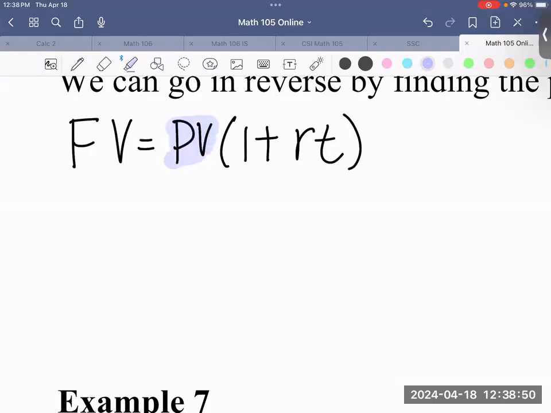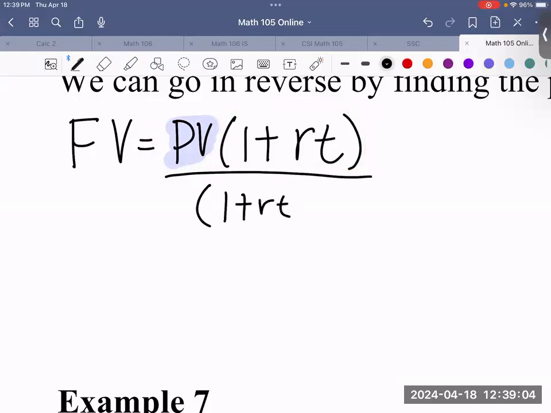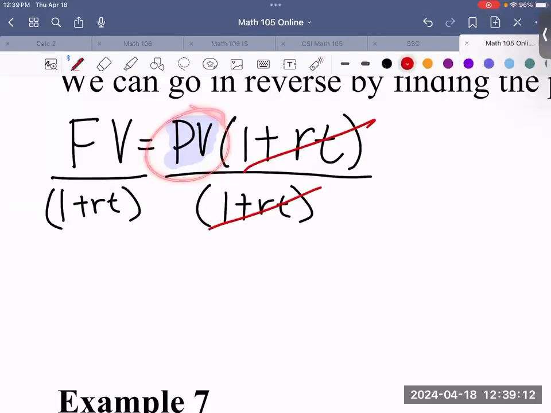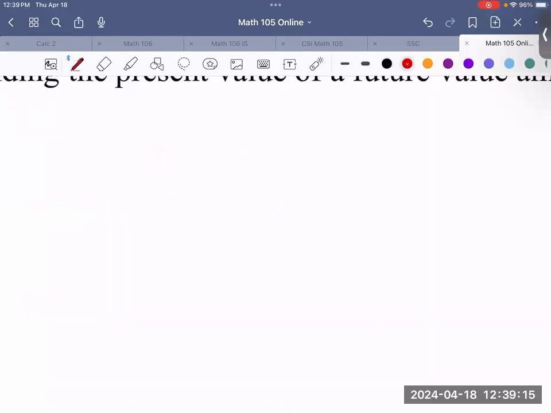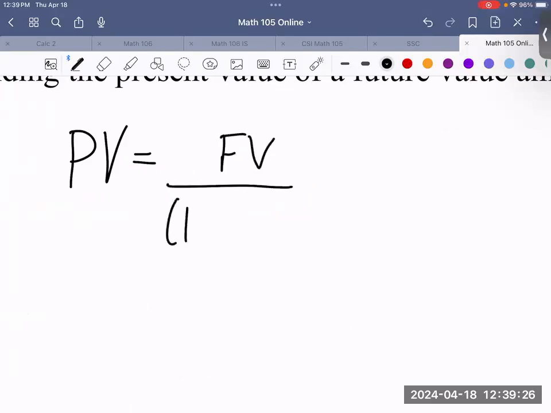If we need our algebra skills to isolate this variable, and this is all in one parentheses, we can divide both sides by that in the parentheses. It cancels on one side, and on the other side, you're left with your PV. So our big equation, PV is equal to your future value, all over 1 plus your rate times your time.